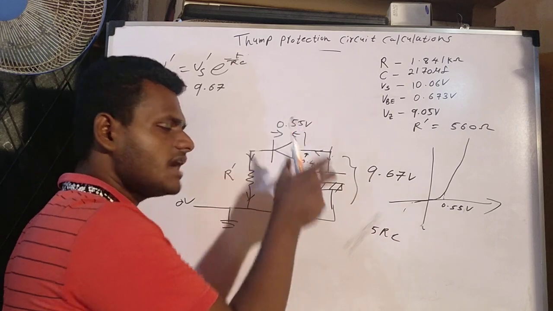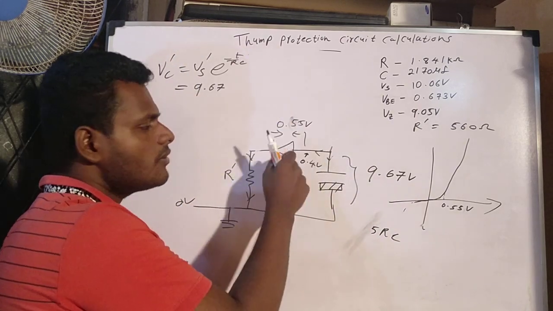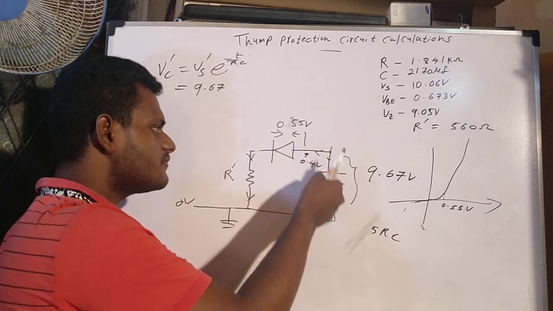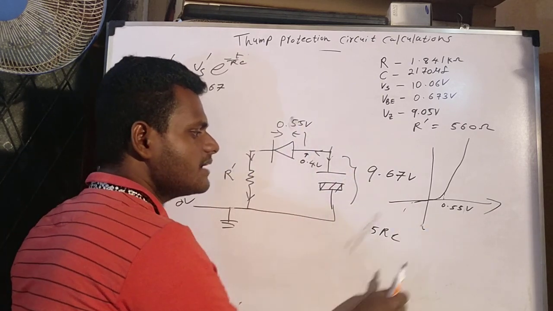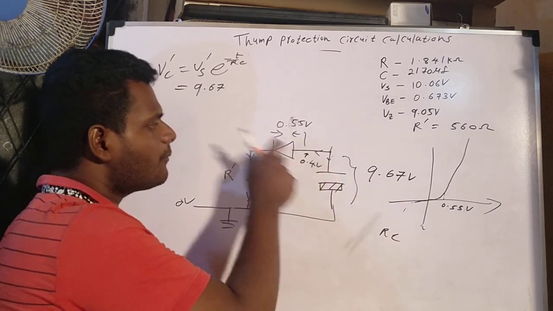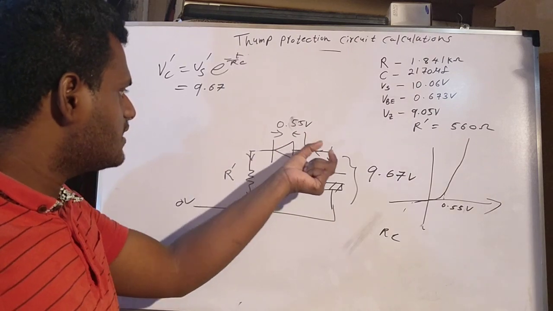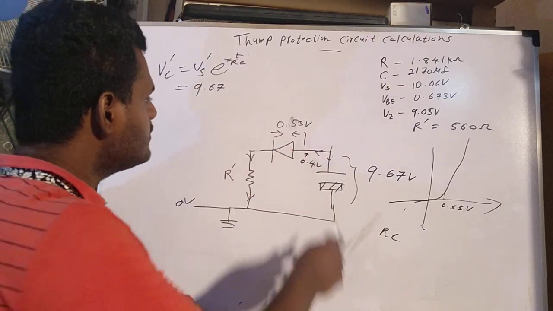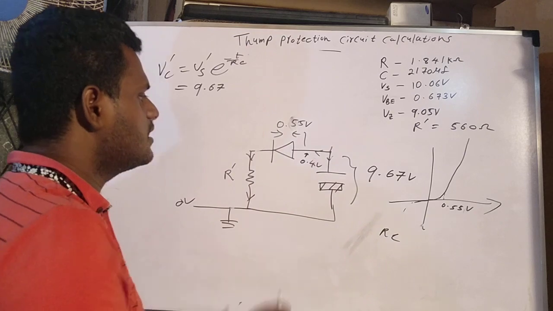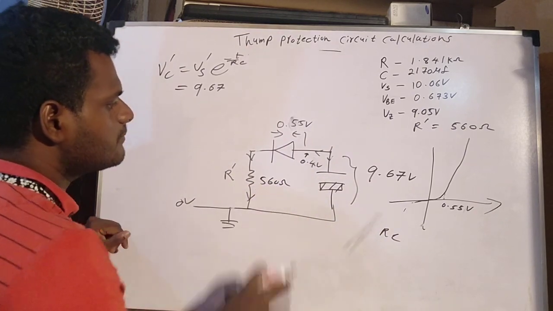Somehow the minimum voltage requirement I want to tell you is 0.5 volt. That is the conductance, acting like the RC constant at that point, 0.55 volts. Then it will gradually reduce the current flow in this circuit. Here R dash is 560 ohms, no problem.